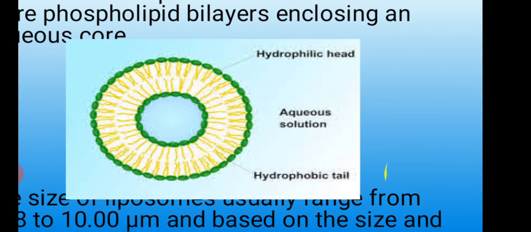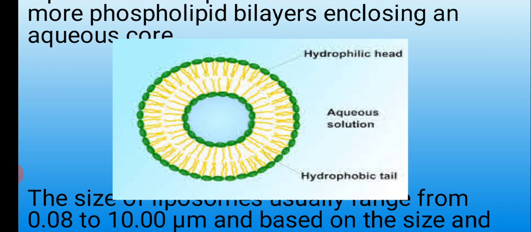If you look into this picture, you can understand that there is a hydrophobic tail and a hydrophilic head. As mentioned, it is made up of phospholipids, which have both a hydrophobic tail and a hydrophilic head.